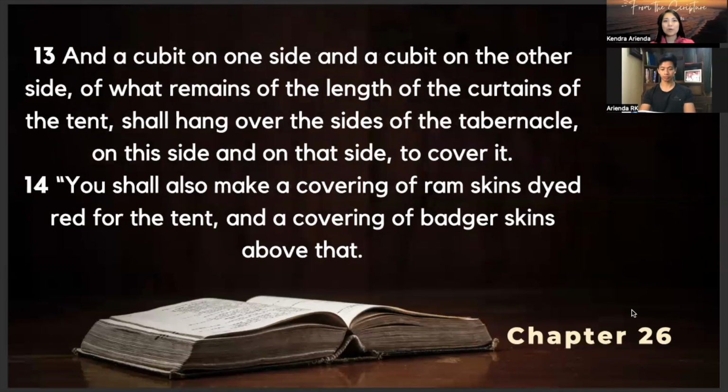And a cubit on one side and a cubit on the other side of what remains of the length of the curtains of the tent shall hang over the side of the tabernacle, on this side and on that side, to cover it. You shall also make a covering of ram skins dyed red for the tent, and a covering of badger skins above that.